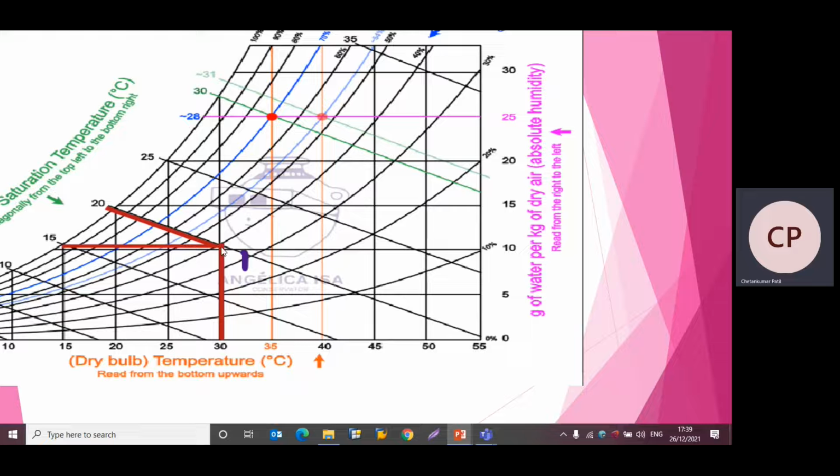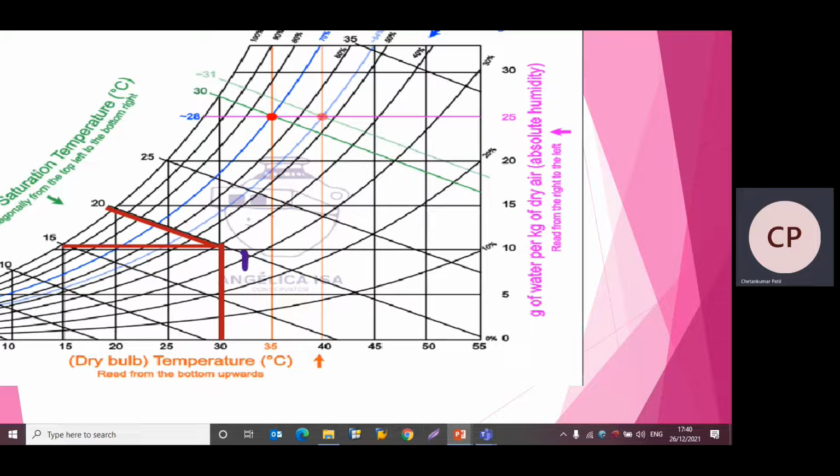So how to find out the wet bulb temperature for this point 1? From these temperatures there are inclined lines. These inclined lines indicate the wet bulb temperature. For this point 1, we have to take the line parallel to this inclined line from this point 1. And we have to extend this line up to the saturation line, and the point of intersection will give us the wet bulb temperature.